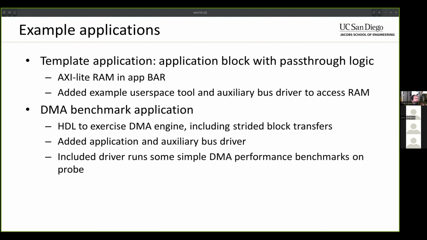So this is a bit of HDL to exercise the DMA engine, including things like strided block transfers and whatnot. And I added this to the repository along with an auxiliary bus driver. And I tried also to write a user space tool, but ran into some issues with the IOMMU. So that is to do on the next slide.